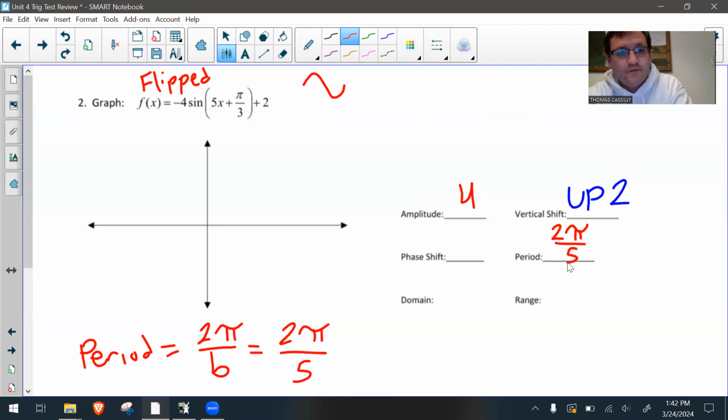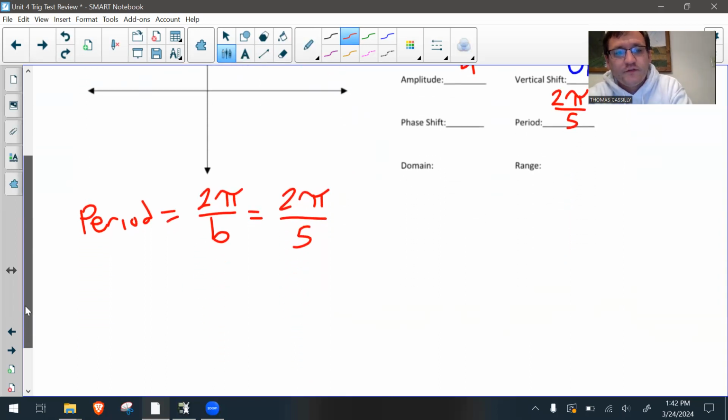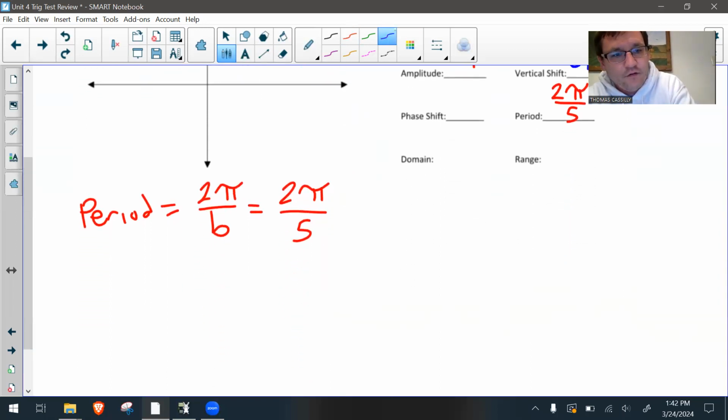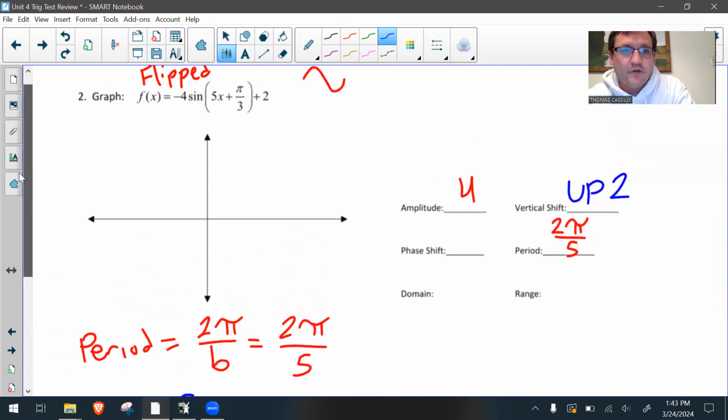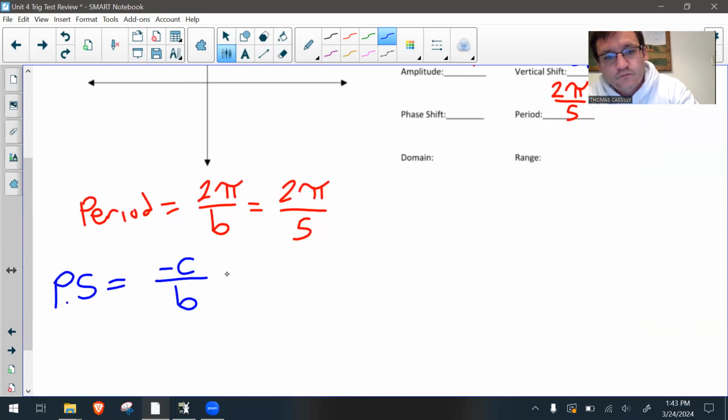The phase shift, I'm going to use PS. All right, so PS for phase shift is equal to a -c value divided by our b value. All right, so c value is pi over 3. So we have -pi/3. And then we have to divide that by the b value. The b value we said was 5. Right?